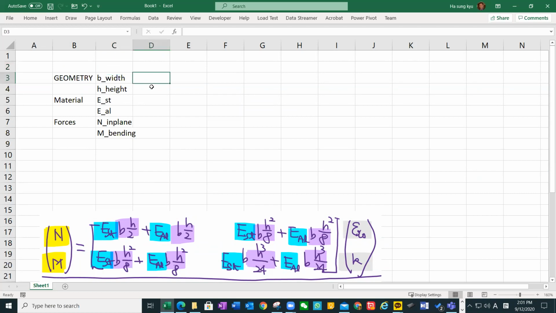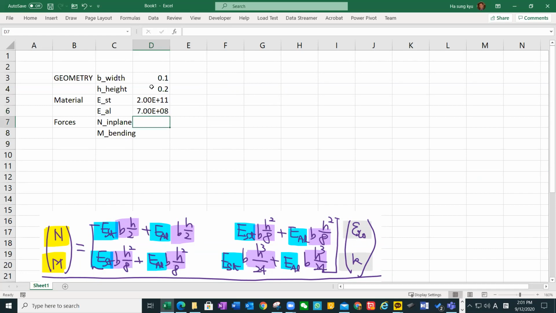So B width, I would say 0.1 meters, and H can be 0.2 meters. And Young's modulus for steel, I would say 200 gigapascal. And aluminum, I would say 70 gigapascal.